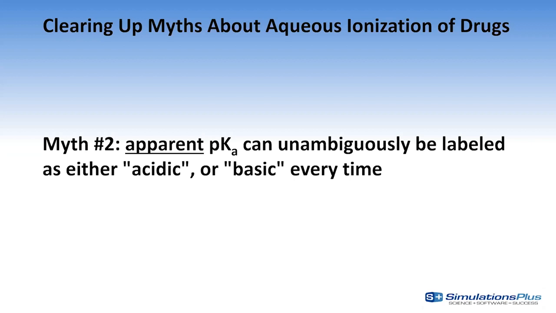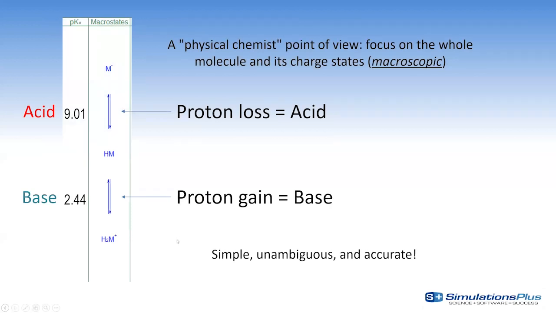Well, it's only valid in a limited number of cases. When you have a monoprotic compound, yes, of course, you have unambiguous acid and base. Or if you have a compound with only acidic and only basic groups, yes, that's also accurate. But for compounds with mixed groups, it's less apparent.